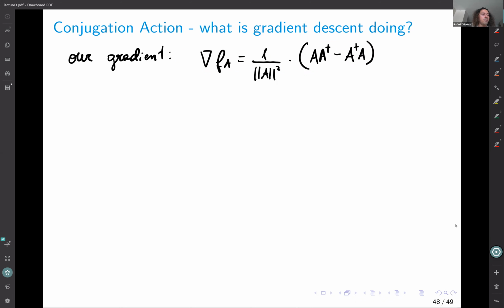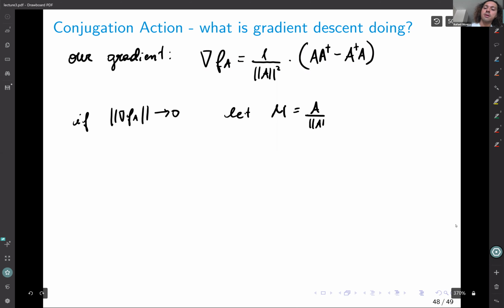Now if our gradient goes to 0, so if the norm of the gradient of f at A is going to 0, then let M be equal to A over the norm of A. In particular, the gradient at A is just M M dagger minus M dagger M. And what is this saying?